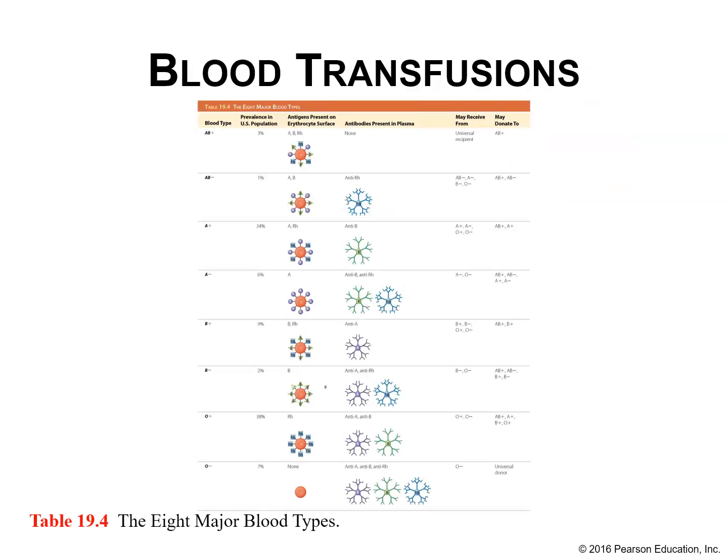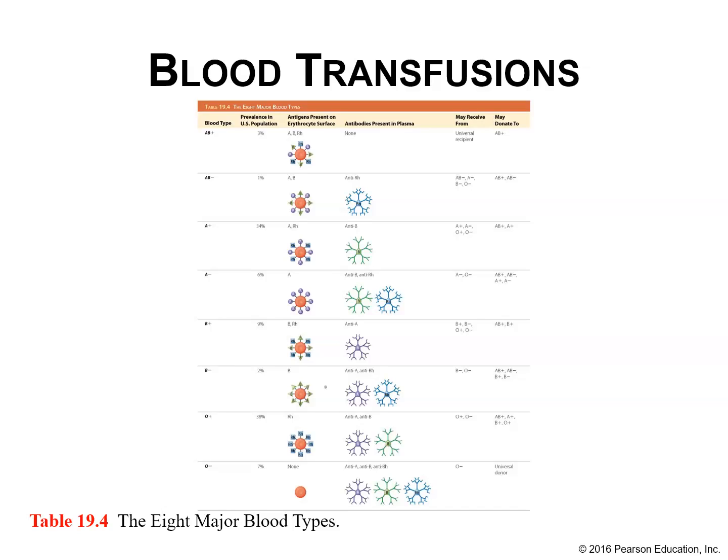This shows the 8 major blood types, with the prevalence in the United States population, the antigens present on the red cell membrane, and the antibodies present in the plasma. This is who they can receive blood from. Remember, O negative is the universal donor.